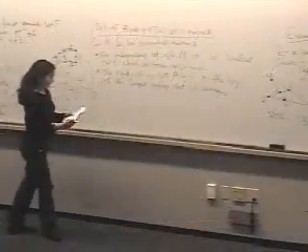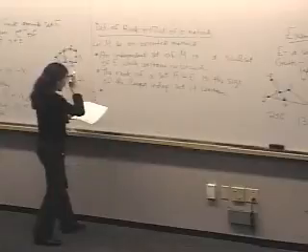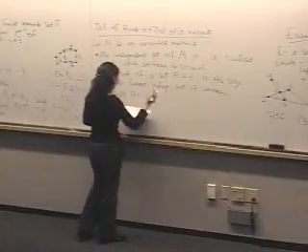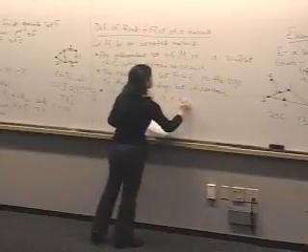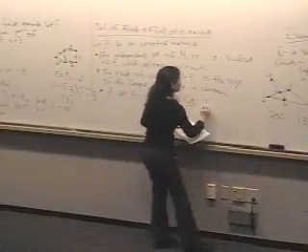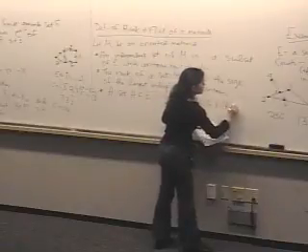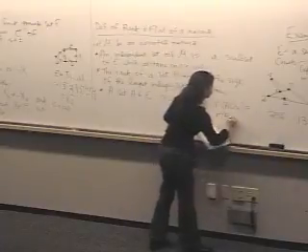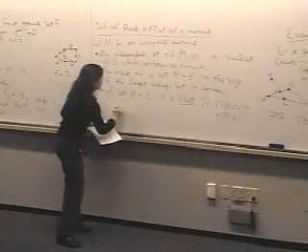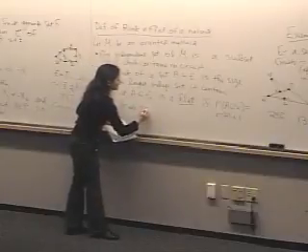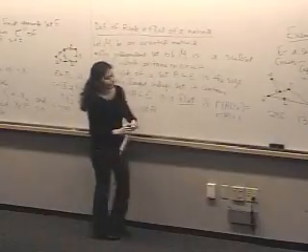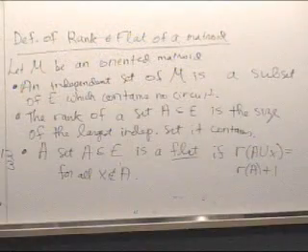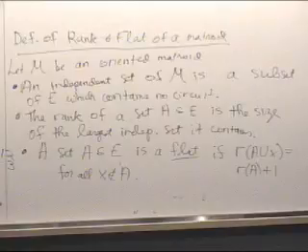So, no surprises here. And then we say that a set A contained in the ground set is a flat if the rank of that set union an element is equal to the rank of A plus 1 for all x not in A. So this is just saying that a flat is a subset of the ground set that's kind of maximal with respect to rank.